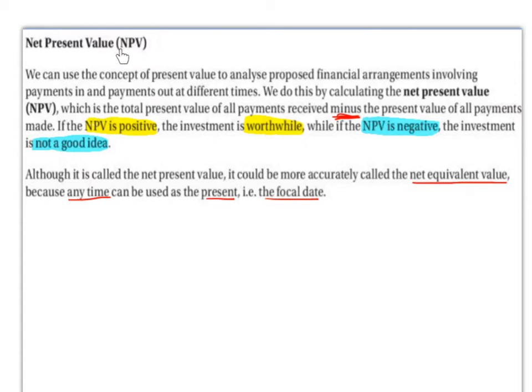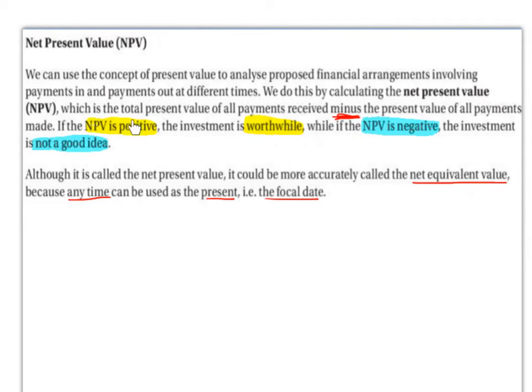Net present value, or NPV. We can use the concept of present value to analyse proposed financial arrangements involving payments in and payments out at different times. We do this by calculating the net present value, or NPV, which is the total present value of all payments received minus the present value of all payments made.